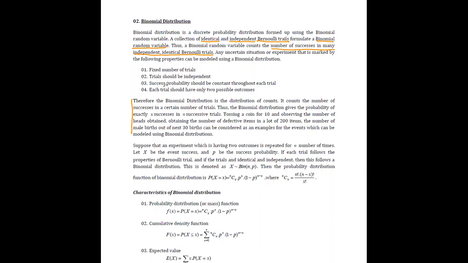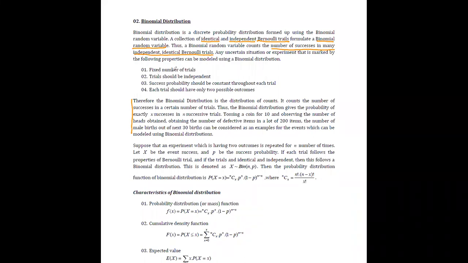Therefore, if we are performing a binomial experiment, the success probability should always be constant throughout that experiment. It means that if we are running these Bernoulli trials several times, they should be identical.